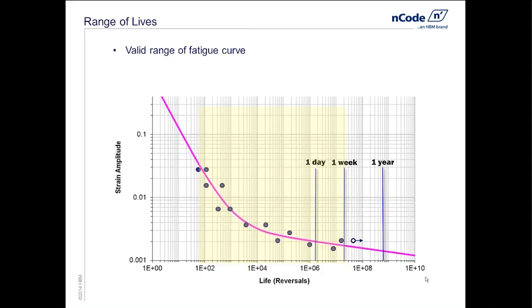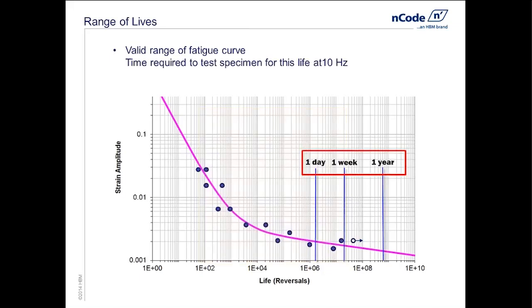The other thing to note here is we are running a test at specific speeds, and we'll see that in just the next slide. At that test speed, it takes a certain amount of time to hit the target life. One can see here, just as we start looking at the high cycle data, that if I'm sitting out here just under a million cycles, it takes a day to accumulate that test at 10 hertz.